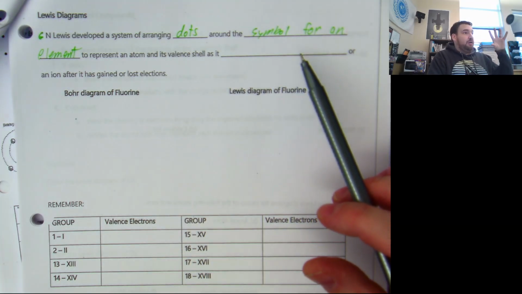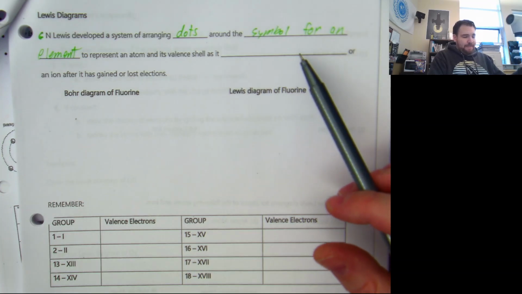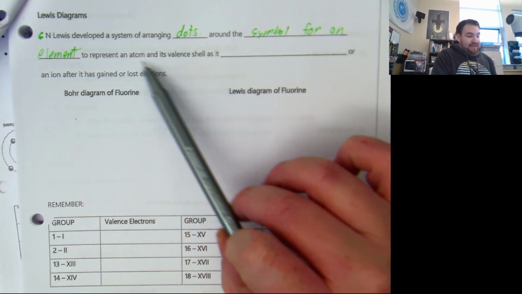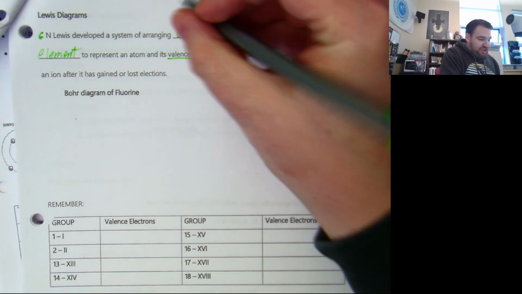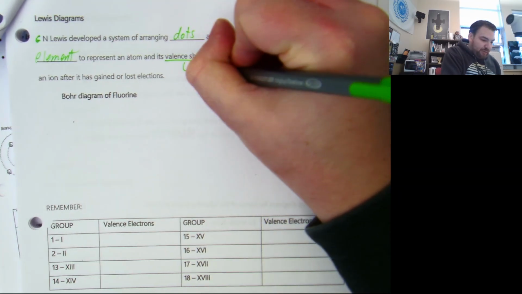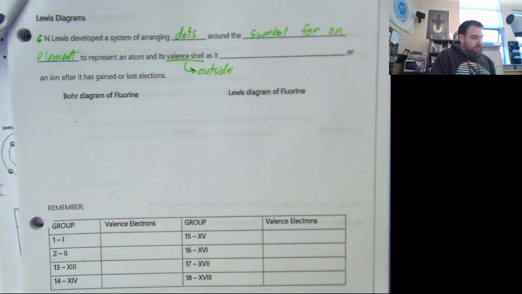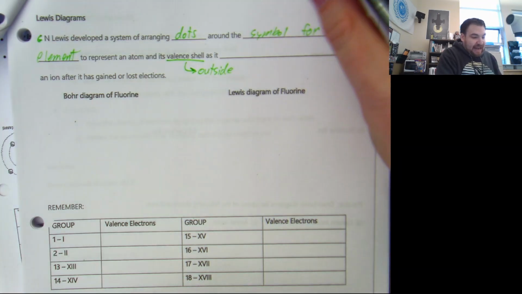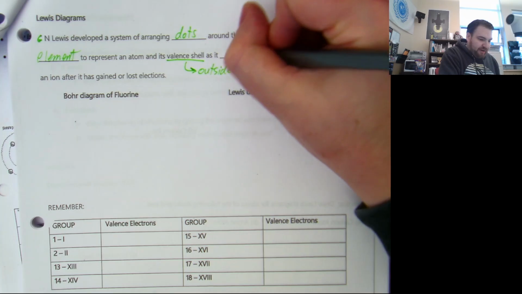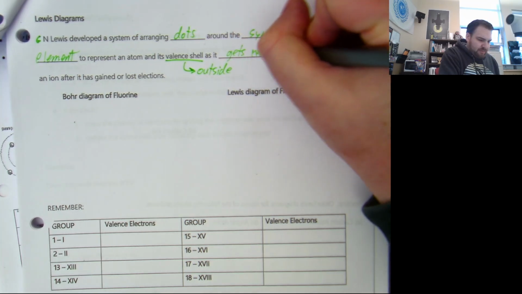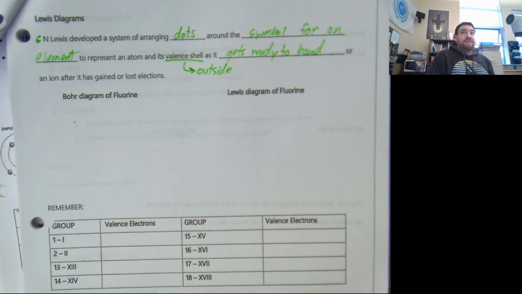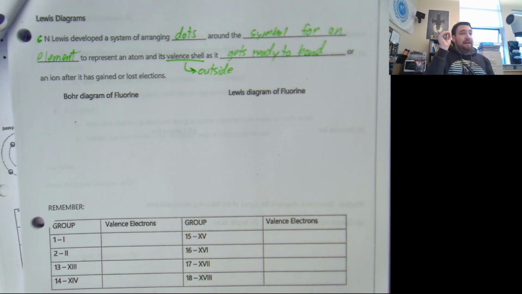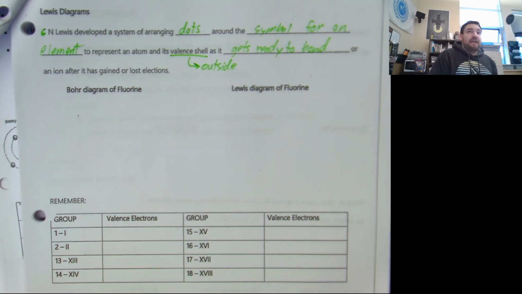We're just going to throw the elemental symbol down to represent the atom and the valence shell. Now remember, the valence shell is only the outside shell, as that atom gets ready to bond. So he developed a system where I'm just going to throw down the symbol and the dots. So here's how it would contrast.